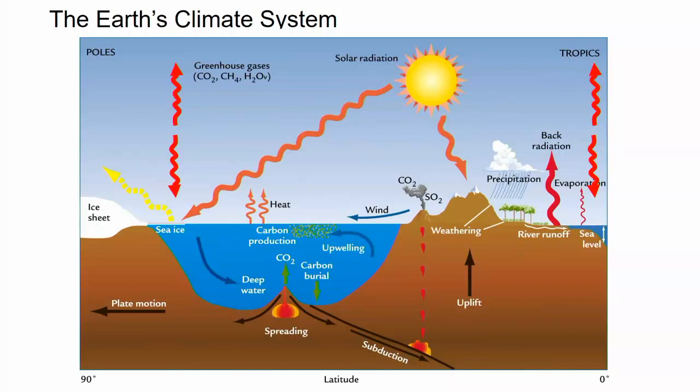Weathering is quite a slow process. It takes quite a long time to erode and chemically dissolve away a mountain. But that process removes carbon dioxide from the atmosphere. So a change in weathering will also result in a change in temperature, but that change will happen much more slowly.